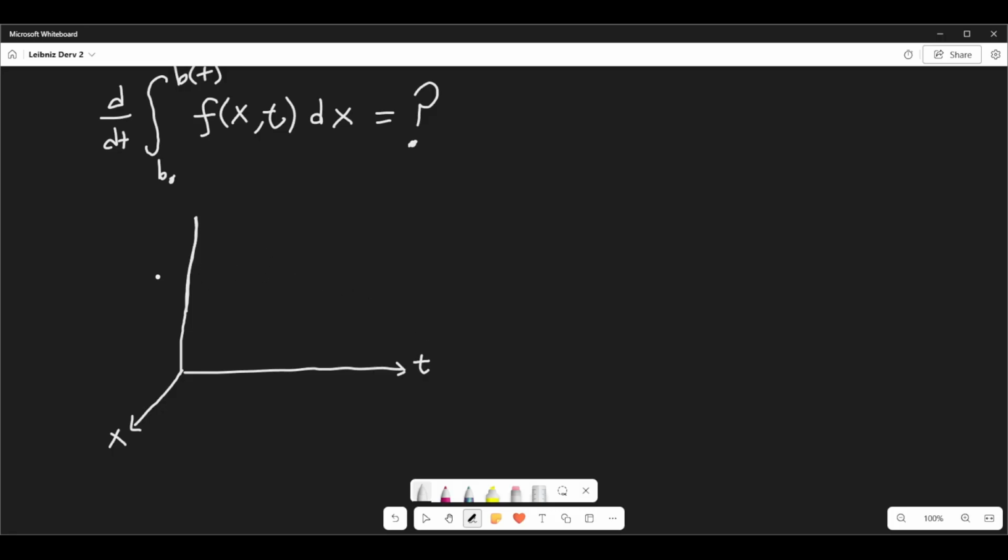and there's going to be some sort of surface that's going to approximate f.